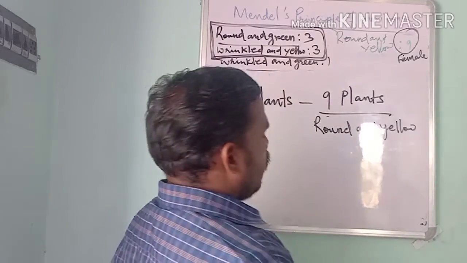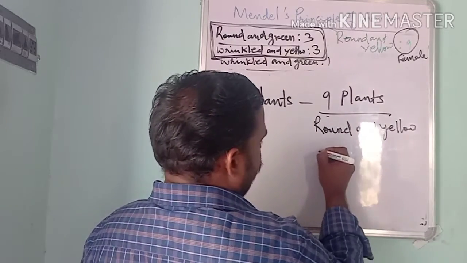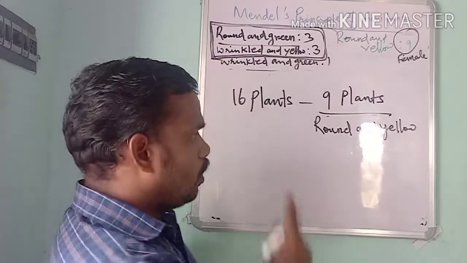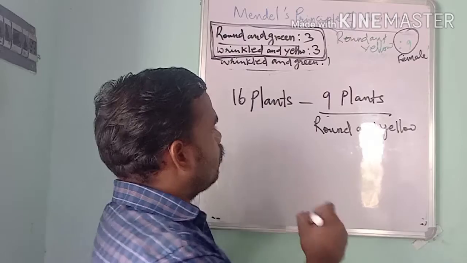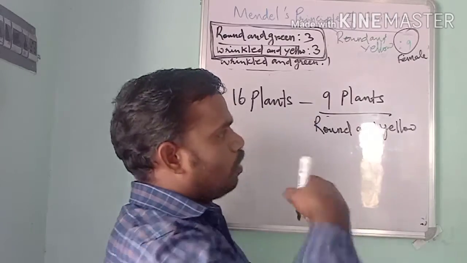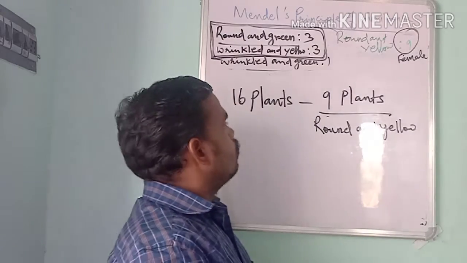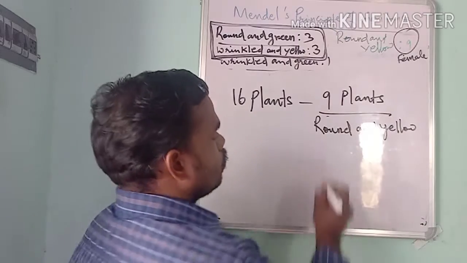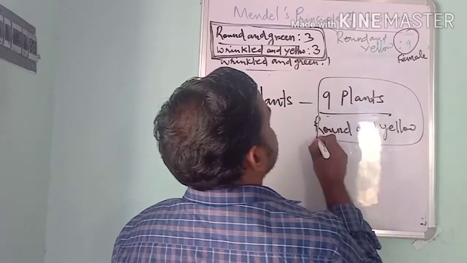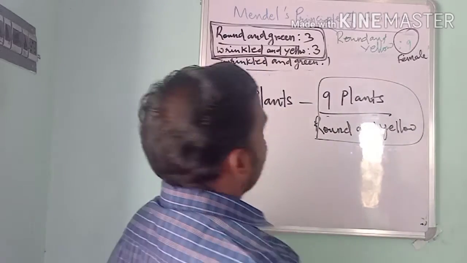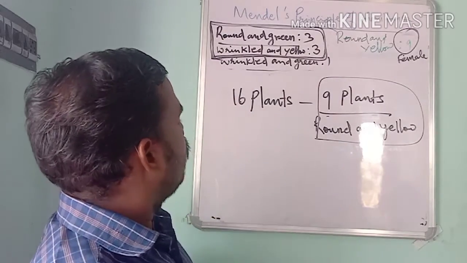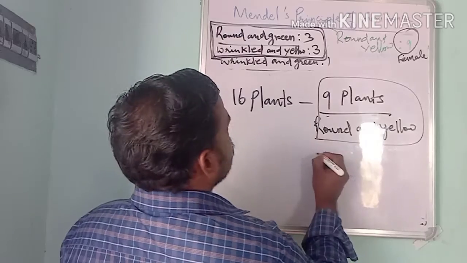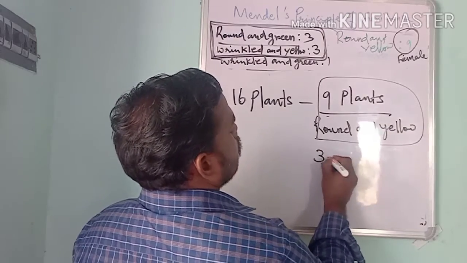Clear? 9 plantsல வந்து one pure homozygous, two dominant alleles. மத்த இதுல என்ன பாத்தீங்க, ஒரு dominance, ஒரு recessive. So totally we get 9 plants. We get 9 plants. Clear? So 9 plants இருக்கு.